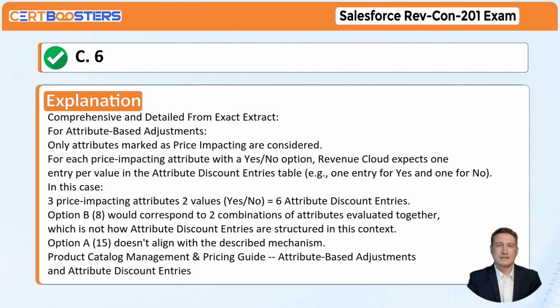Option B, 8, would correspond to 2 combinations of attributes evaluated together, which is not how attribute discount entries are structured in this context. Option A, 15, doesn't align with the described mechanism. Product Catalog Management and Pricing Guide, Attribute-Based Adjustments, and Attribute Discount Entries.